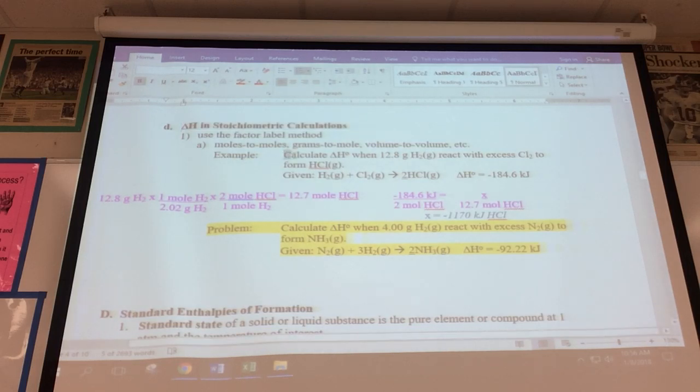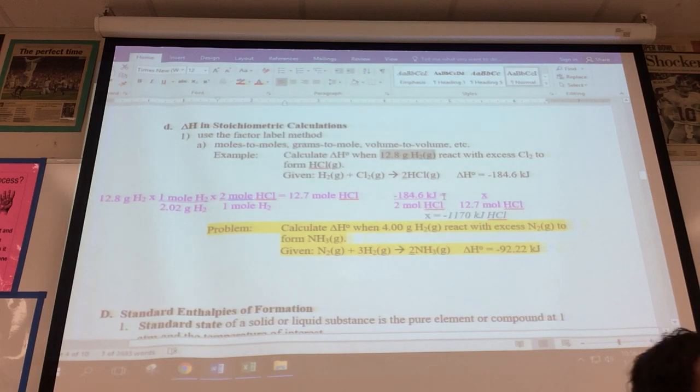In this example, it says calculate delta H when 12.8 grams of hydrogen gas react with excess chlorine to form hydrogen chloride gas. The equation is given, and the delta H is given as well. Is this reaction endo or exothermic? Exo, negative value. So for 2 moles of hydrogen chloride being generated, this is how much heat is released. They want to know it for this amount here.